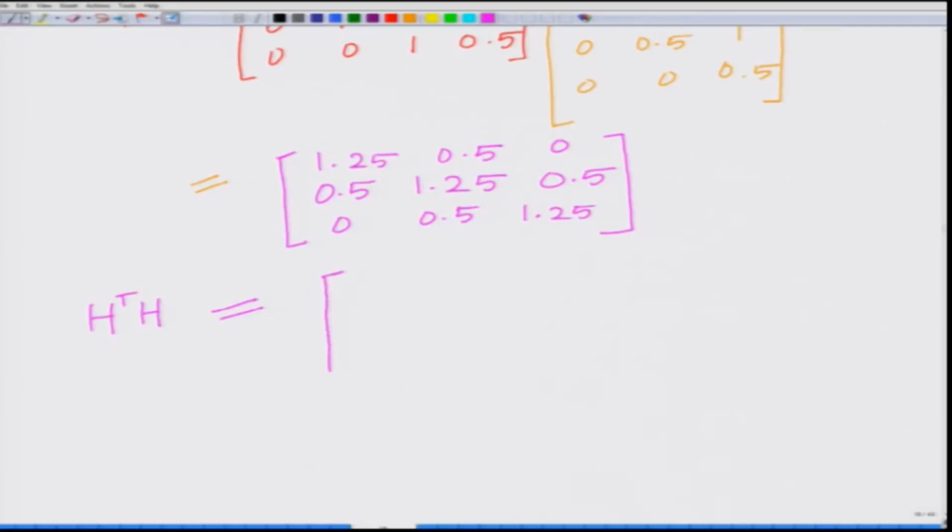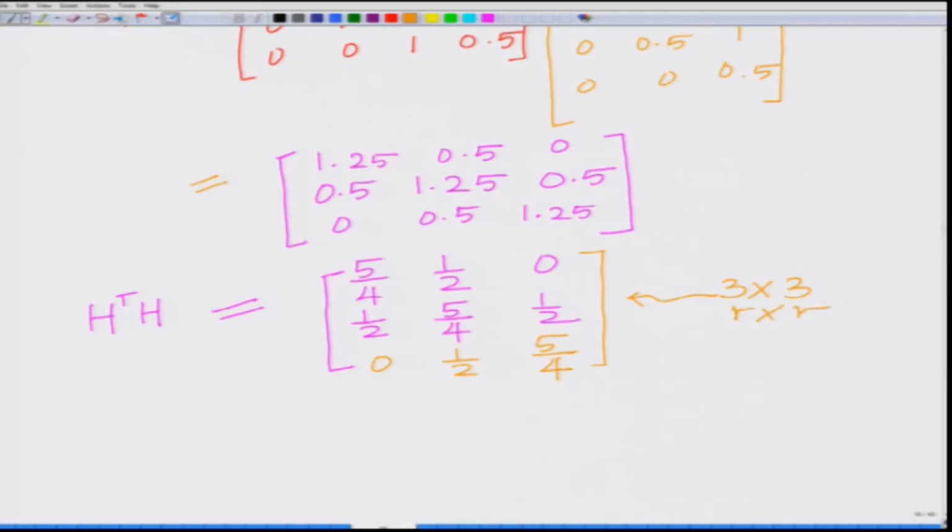Writing this as fractions, we can write H H transpose, which is equal to 5 by 4, half, 0; half, 5 by 4, half; and the last row is 0, half, 5 by 4. So, this is basically your 3 cross 3, or R cross R, matrix H H transpose.